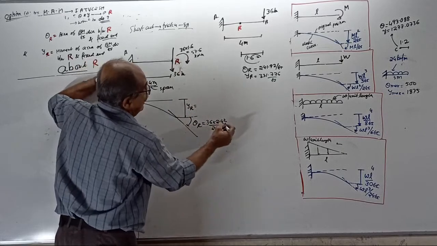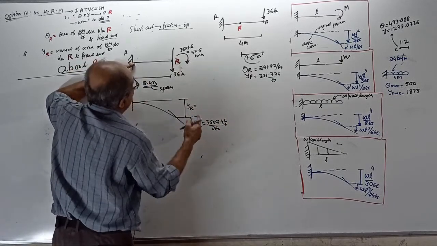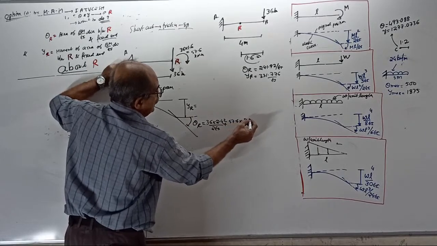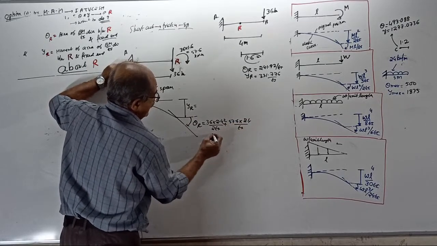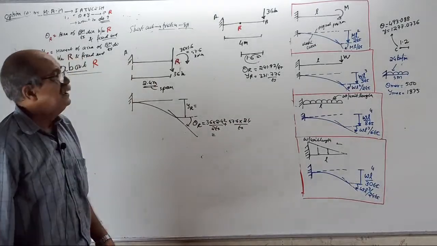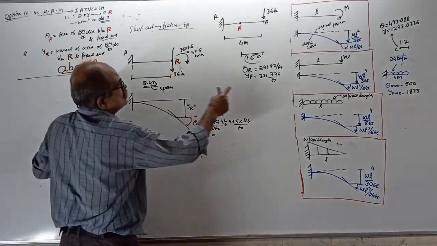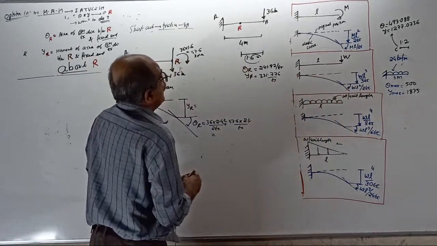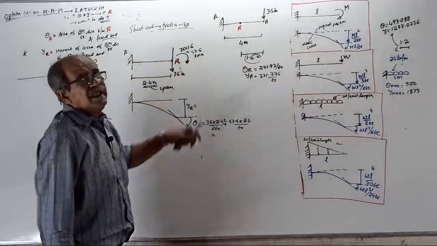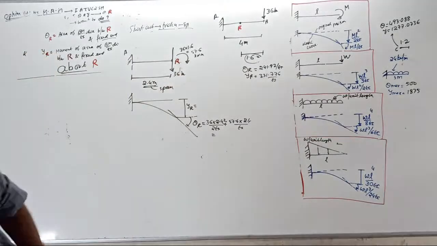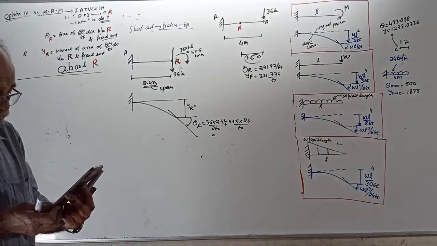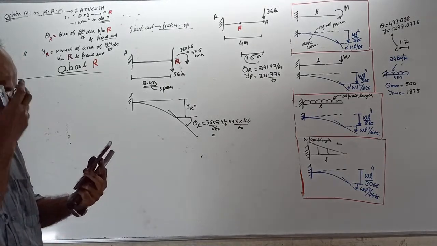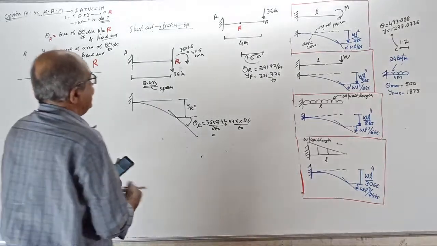And for the couple, the formula is ML by EI, 57.6 into 2.4 by EI. Tell the answer first. For a point load, slope is WL square by 2EI. For a couple, slope is ML by EI. Answer. How much is the answer? Calculate. 241.92.